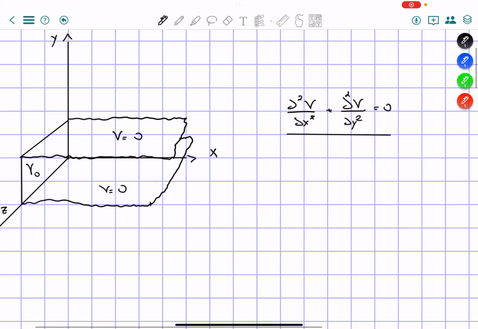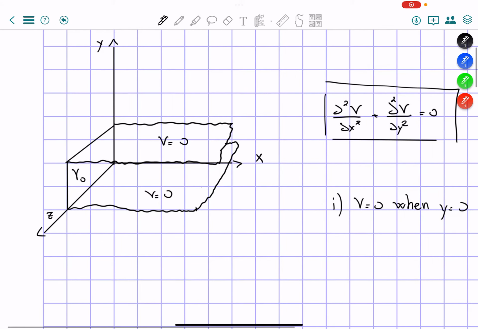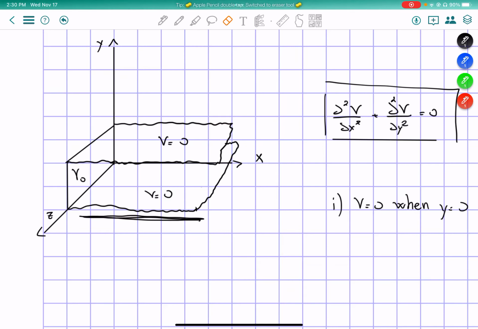So we're given Laplace's equation that I already wrote down right here. And we're given boundary conditions that we're going to prove right now. So the first boundary condition is that V equals 0 when y equals 0. At y equals 0, we have this grounded metal plate. We already said that the potential is equal to 0, so it is correct.